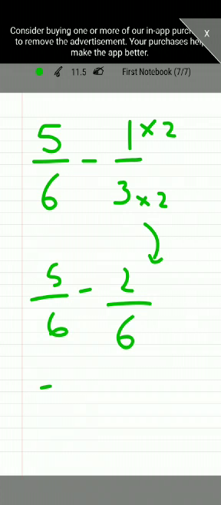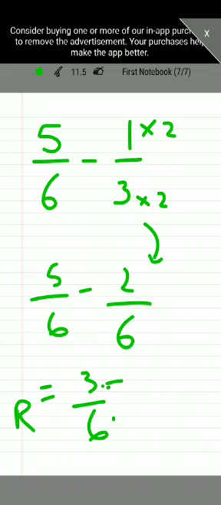Now 5 minus 2 is 3, and 3/6 is not your final answer. Now we have to reduce the answer to the lowest terms. For reducing the answer, we need to see whether 3 and 6 have a common factor. Can we divide both by the same number?